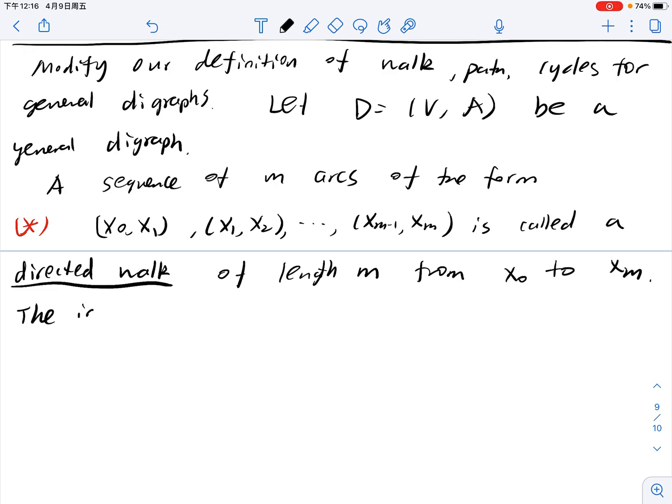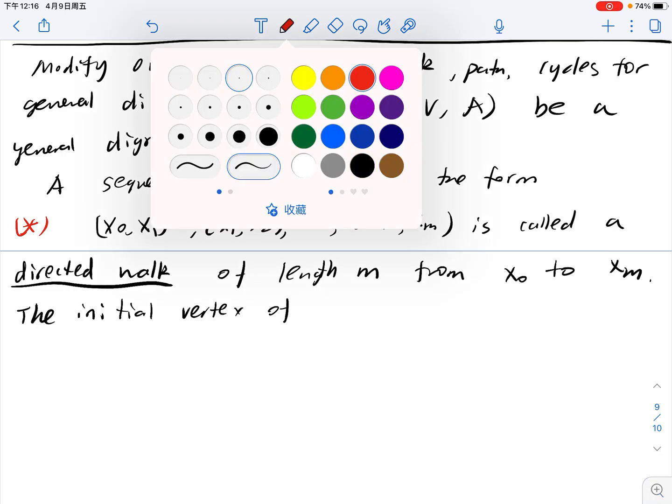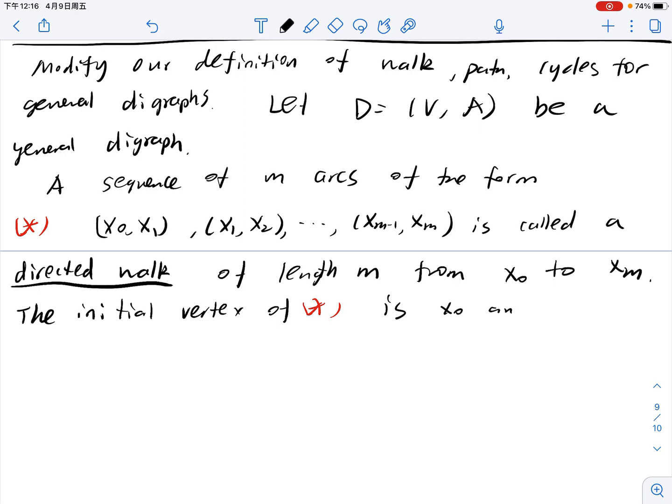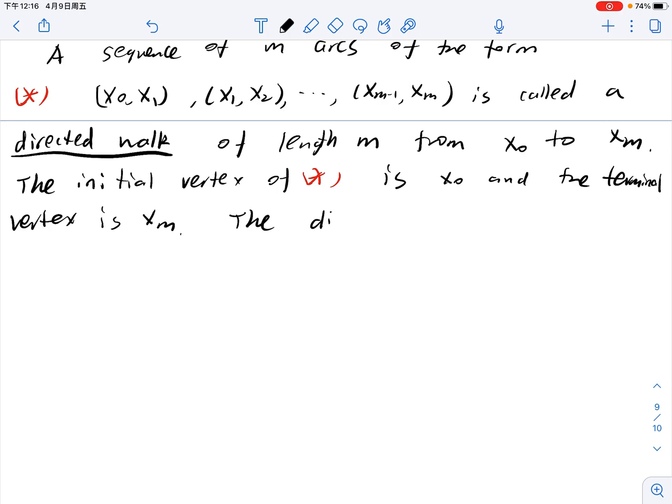The initial vertex of the walk is x0, and the terminal vertex is xm. The directed walk is called closed if x0 coincides with xm, and open otherwise.